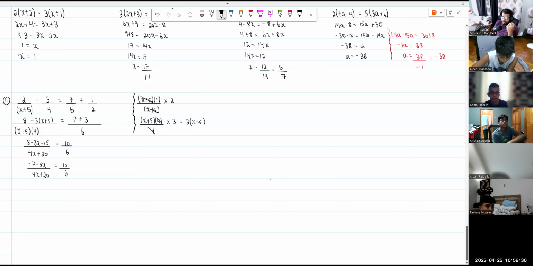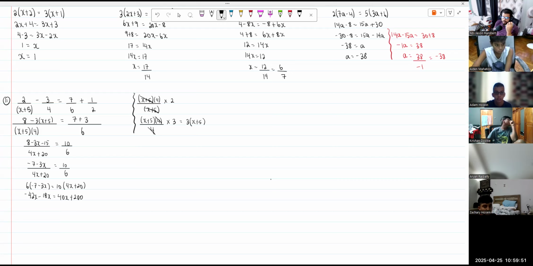I can cross multiply. I'll get 6 multiplied by minus 7 minus 3x is 10 multiplied by 4x plus 20. Minus 42, minus 18x is equal to 40x plus 200. The first one is not minus 42x, the first is just minus 42.